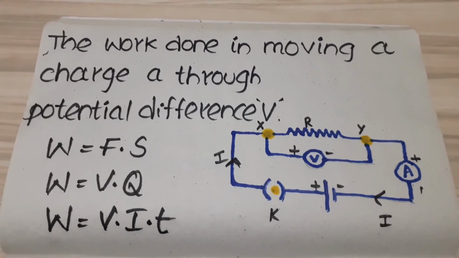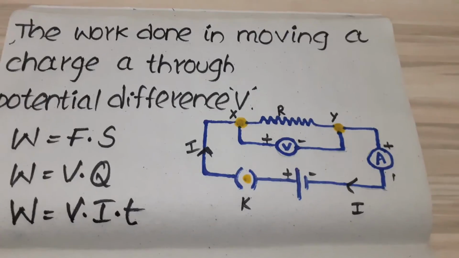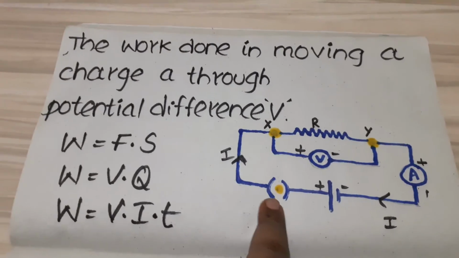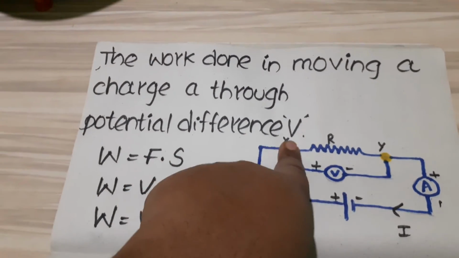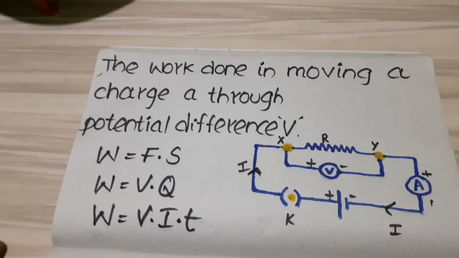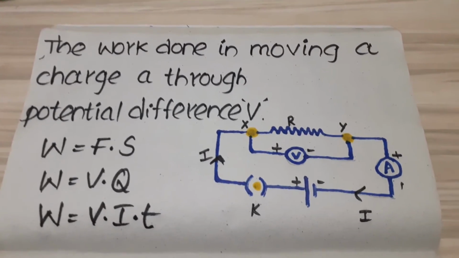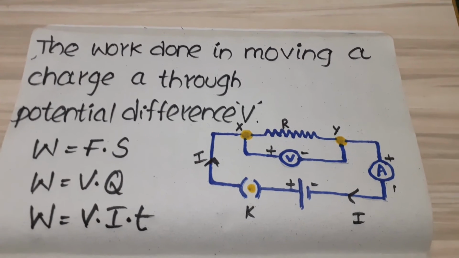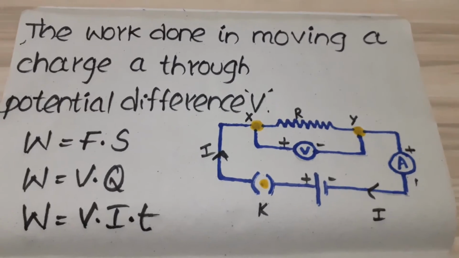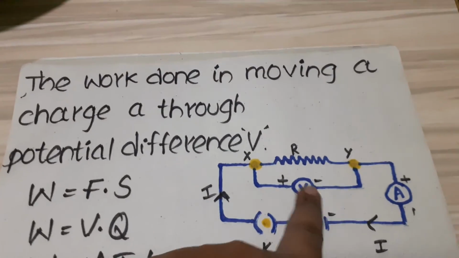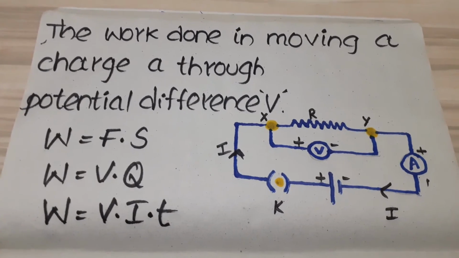The work done in moving a charge through a potential difference. When the switch is on in this circuit, electrons will flow through the resistor. When the electrons get displaced, they do some work. So we have to find the potential difference V across the resistor.